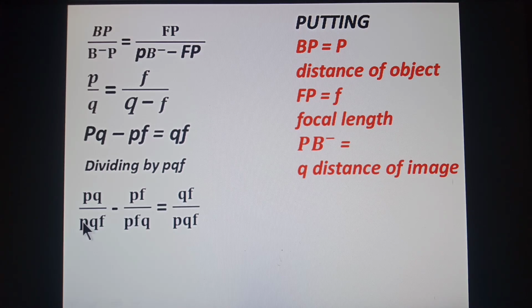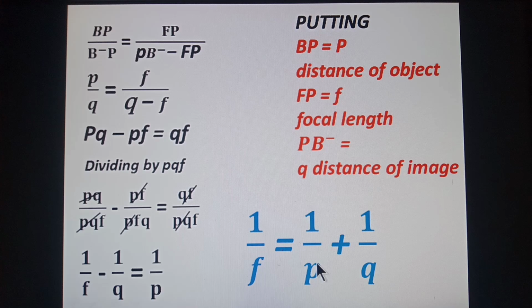P and Q in the first term will be cancelled, P and F in the second will be cancelled, Q and F in the third will be cancelled. So these terms are cancelled. What we are left with is 1 over F minus 1 over Q equals 1 over P. Rearranging this equation to get the standard form of the mirror formula: 1 over F equals 1 over P plus 1 over Q.